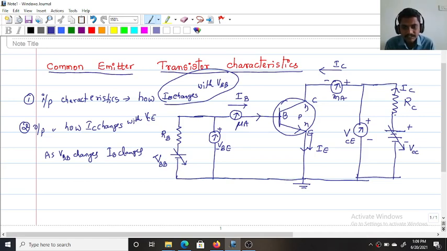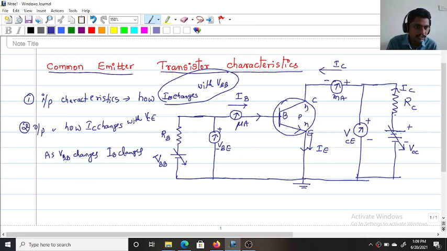When you vary VBB, the voltage across the emitter base junction also changes. That change can be measured with the help of a voltmeter connected between the emitter and base, and the microammeter measures the current passing through the base.